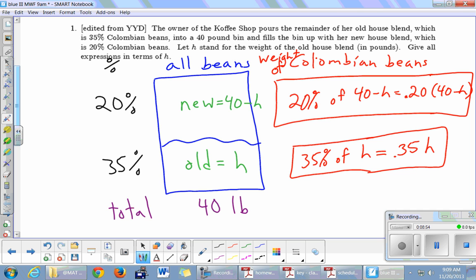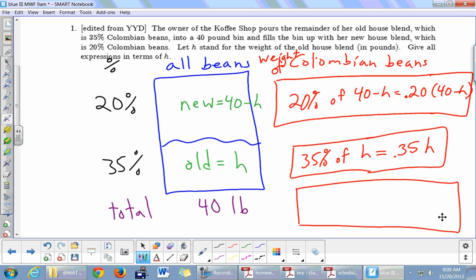Okay, so the last thing that I want to do is fill in the bottom here. So I'll keep it in red. What did this bottom row represent? Total. So I know there's a total of 40 pounds of beans of any flavor. What I want to do is find how many pounds of beans there are that are just the Colombian. So what do I do with the two expressions? I'll highlight them here.